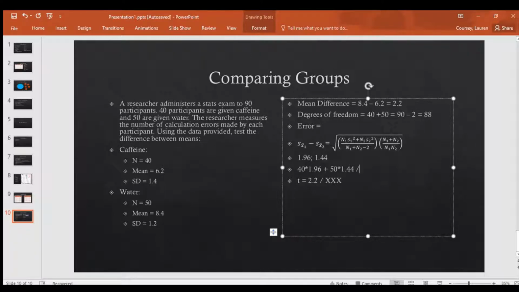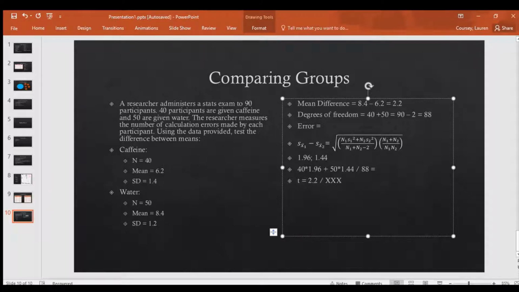Then we would divide all of that by, if you'll notice, this N1 plus N2 minus 2, that's the same equation that we used for our degrees of freedom. So we know that that would be divided by 88. So let's get that worked out first.